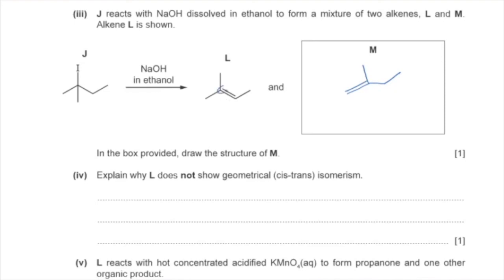Since this carbon atom is attached to 2 same methyl groups, structure L doesn't show geometrical isomerism. You can write that a carbon of the carbon-to-carbon double bond is attached to 2 methyl groups.